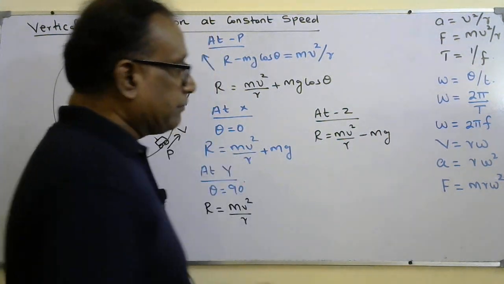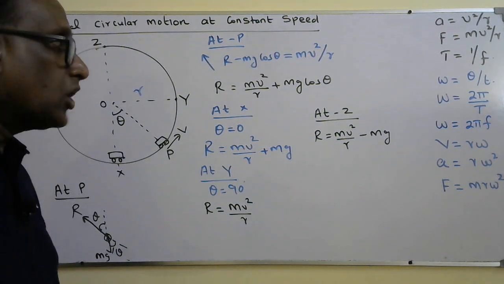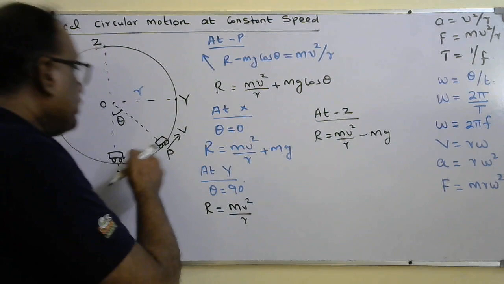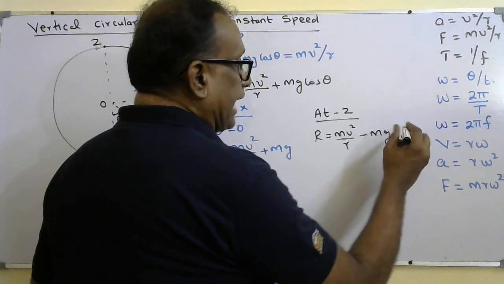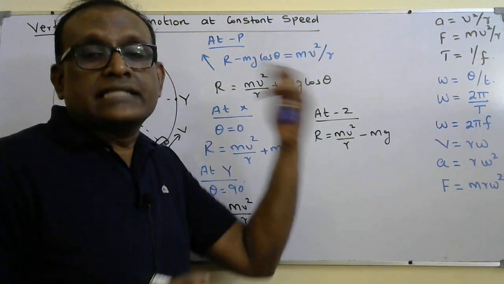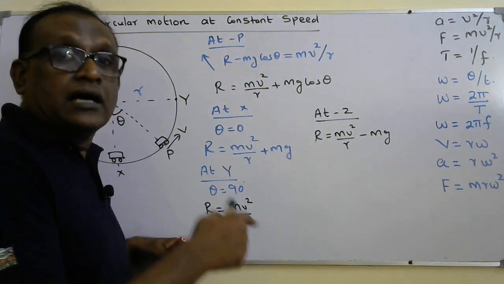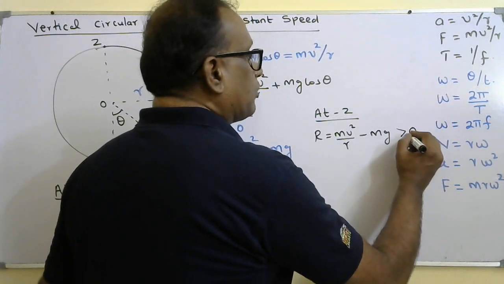But at the same time, I told you that it's maintaining a constant speed, but the constant speed cannot be a random value. If it continues the circular path at constant speed, the v has to be a specific value, as I explained earlier, because R must be a real positive value. So R must be greater than or equal to 0.